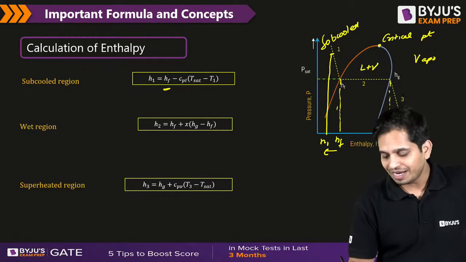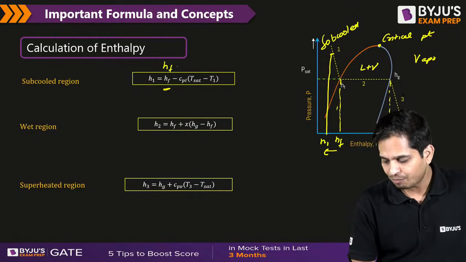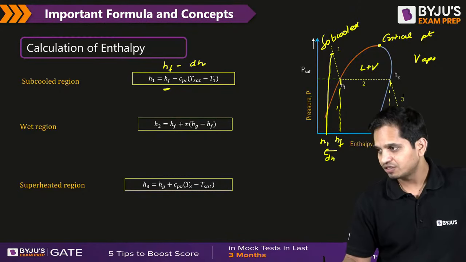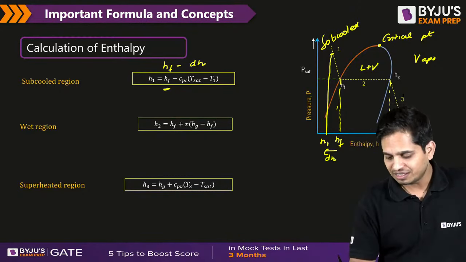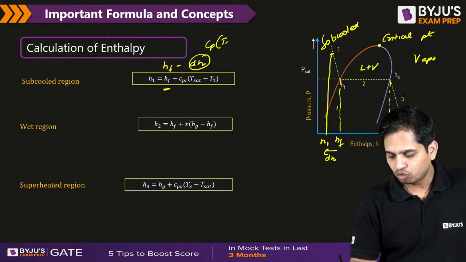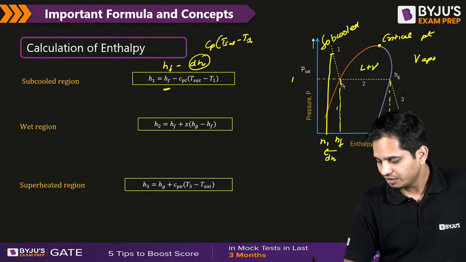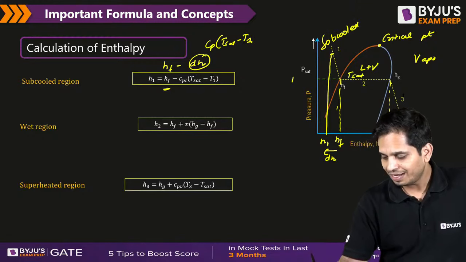So HF minus DH. What is this DH? This DH is Cp times T saturation minus T1. This is my T saturation, and this is my T1.